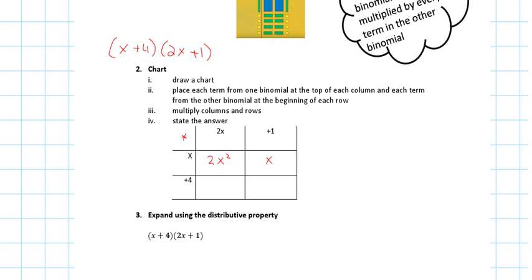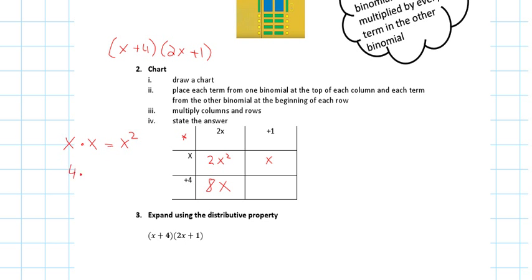What's 4 times 2x? 8x. When you're multiplying x by x, this is when you get x squared. In this case, there's no x times x.